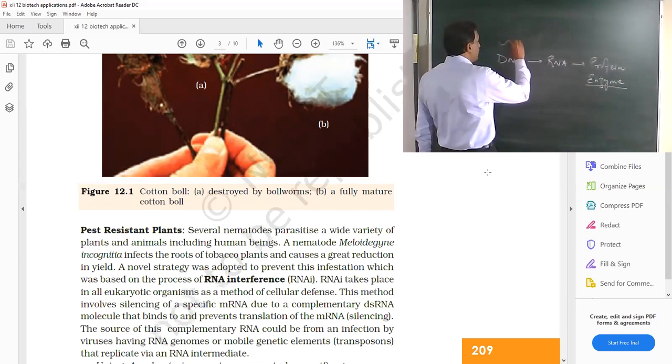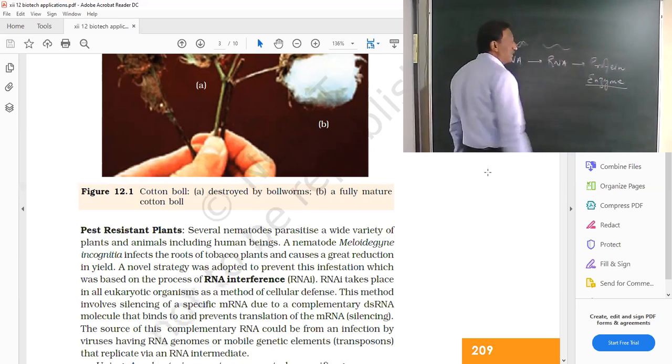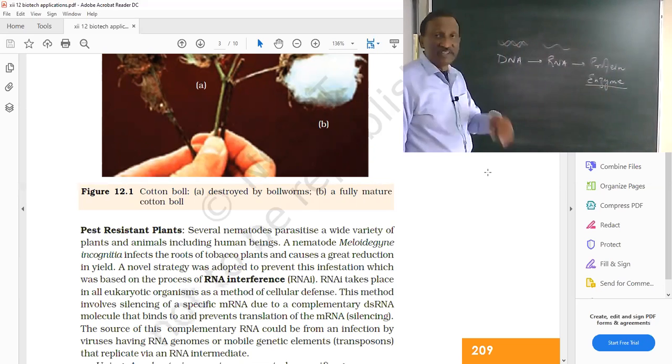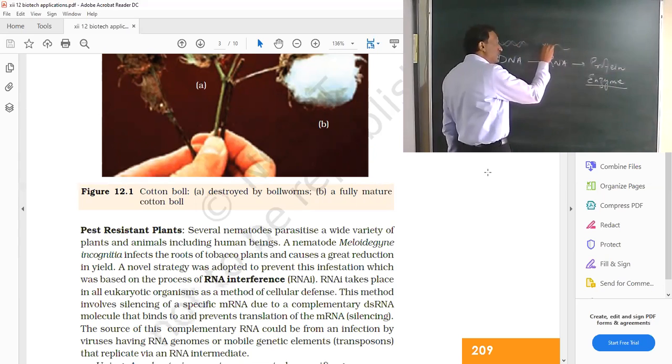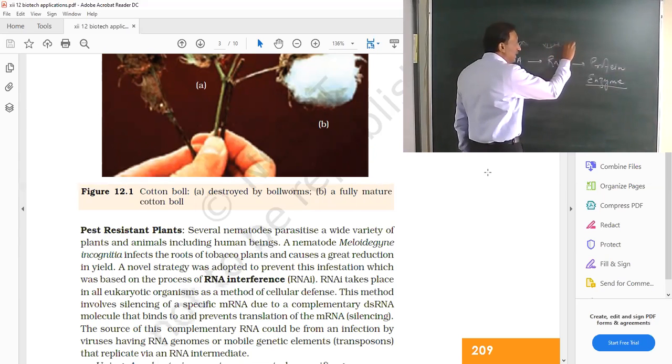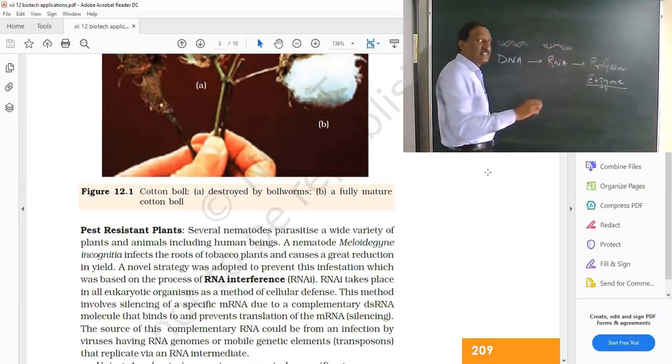Now DNA is double stranded, RNA is single stranded, not necessarily helical, it can be of any shape, no problem. Okay, if we have an ability to make the anti chain, this RNA, since it is going to make a protein, we will call it a sense RNA.